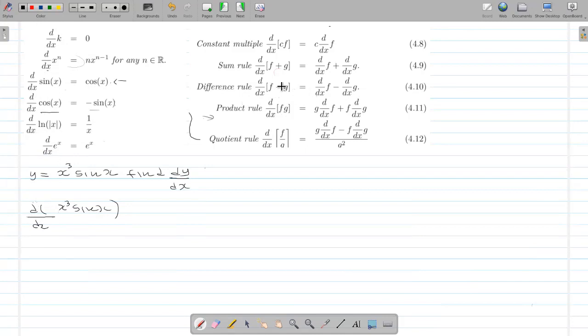So I have to apply one rule from this side. This one maps to the product rule, because it's a product of two functions. To apply the rule, I have to identify f and g. So my f is the first function and my g is the second function.